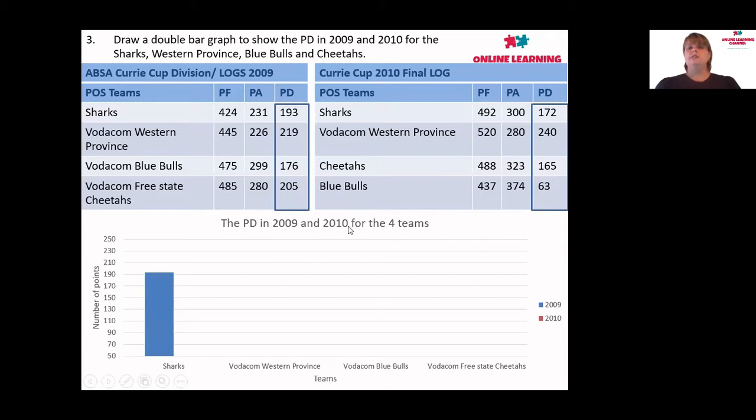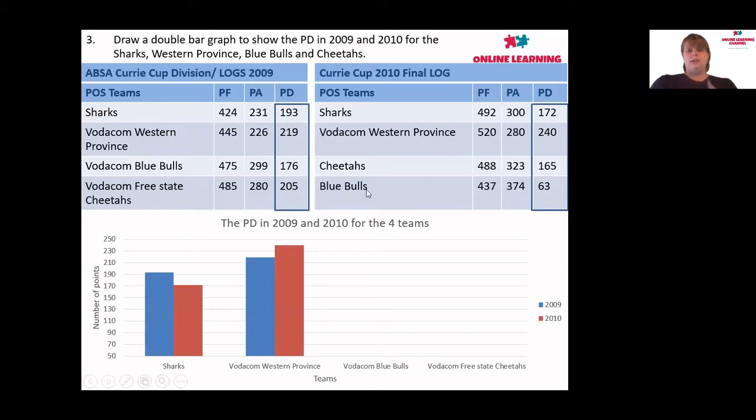And in 2010, the Sharks is 172. So now it's going to drop to 172. There we go. Do you see the 2 bars? It's easy. Next one, 219 and 240. So 219 should be about there. There we go. And 240 should be roughly around there. That's for the VP. Then we have the Blue Bulls, 176 and 165.